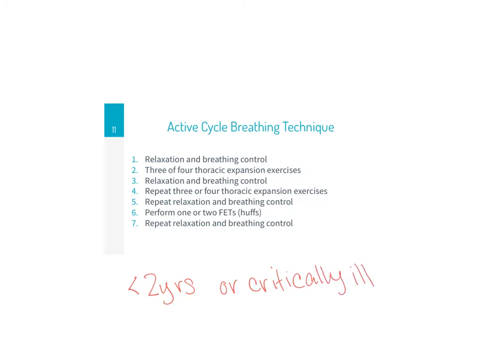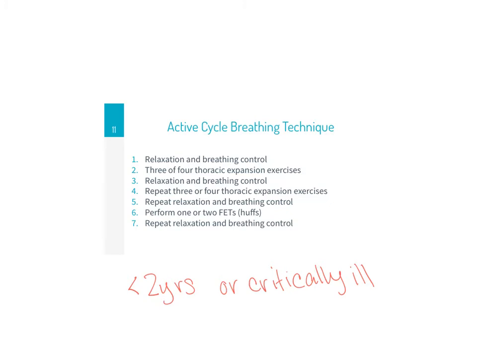So what this one does is you're going to relax and start with normal breathing. You can do 3 to 4 thoracic expansion exercises. So make sure that your patient is sitting up straight with their feet planted on the floor or the head of the bed up. So 3 or 4 thoracic expansion exercises, and then you're going to relax and breathe normal again.